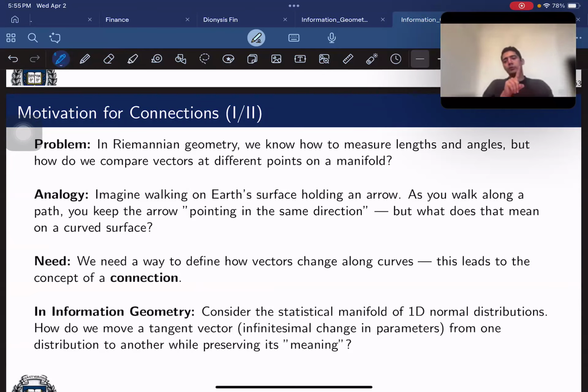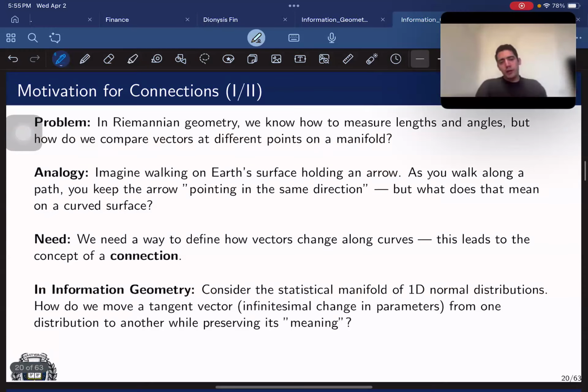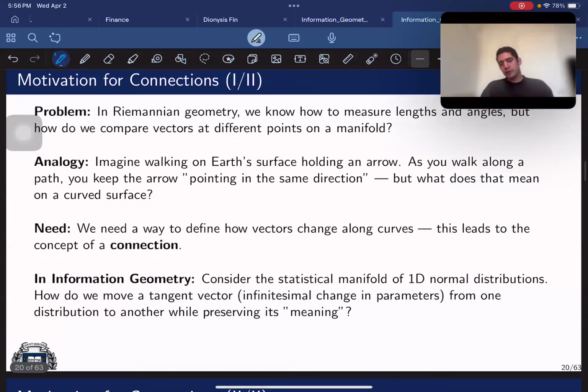So when you move, the north, which is the tangent vector at the point you are on Earth, moves as well. How can we mathematically come up with a definition to show that if I move, I want the vector to show the same thing? So we need a way to define how vectors change along curves.